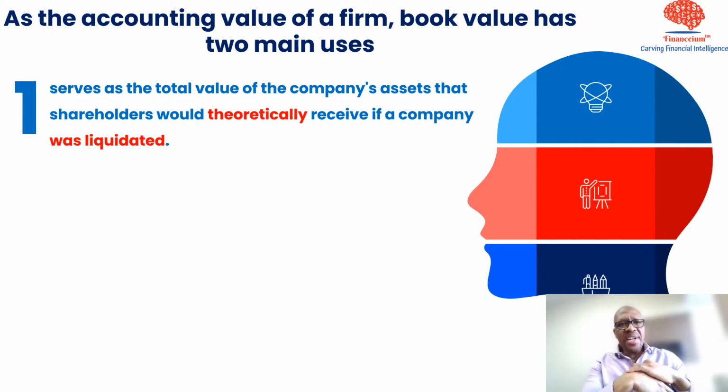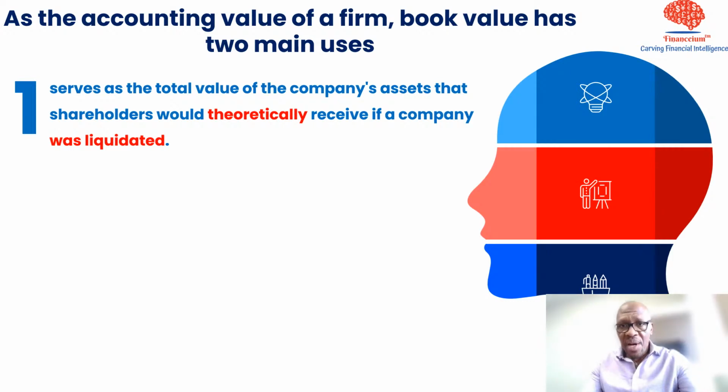As I said, it's really a theoretical approach of understanding what the shareholders of the company will receive if you are to net at this point in time, from the balance sheet point of view, the value of assets, subtracting the liabilities. That's what the shareholders will get.